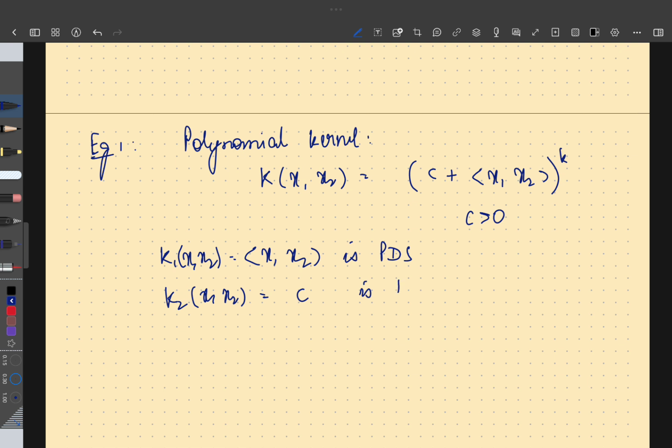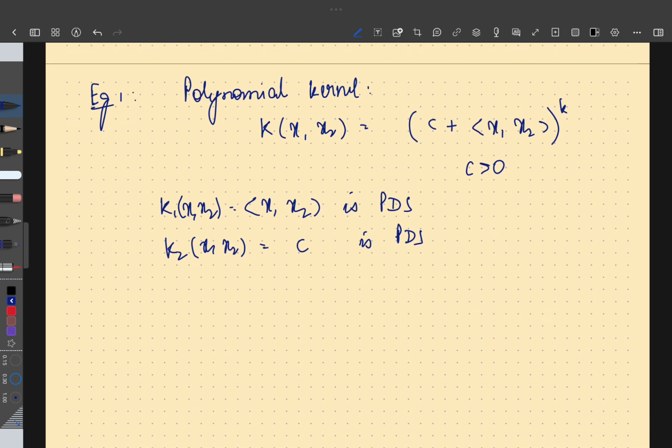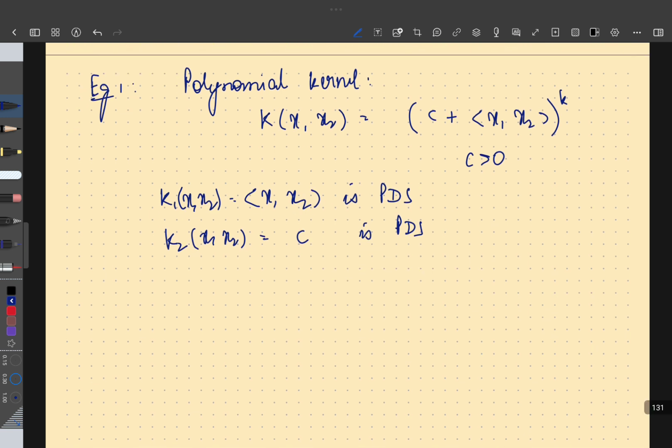This is also a PDS kernel, because if you take the Gram matrix, it's just C times the all-ones matrix, which is PSD. So the sum of K1 and K2 is PDS, and (K1 plus K2) to the power k is PDS.